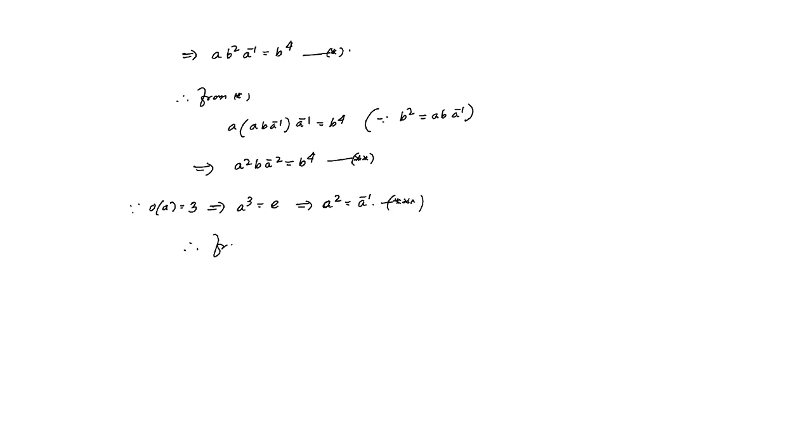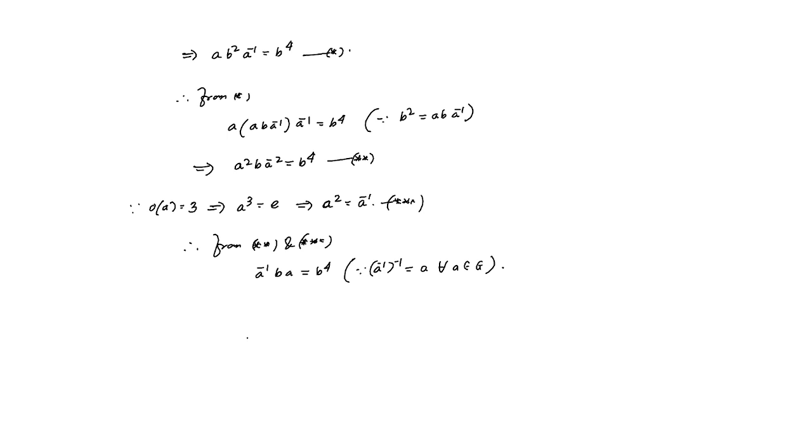So from double star and triple star, what we can say is A to the power minus 1 B A equals B to the power 4, since A inverse is A for all A belongs to G, that we have proved earlier.